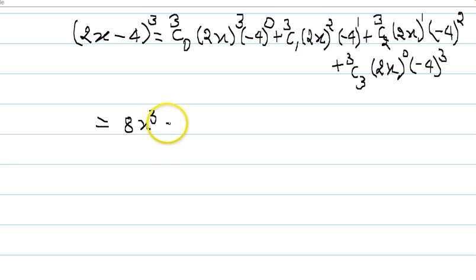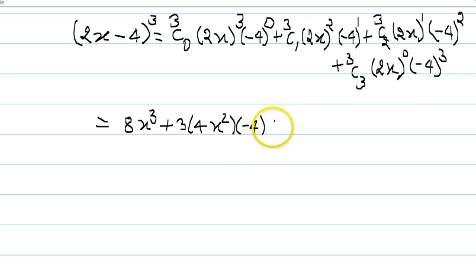Now 3C1, if I use a GDC, will be 3. Times (2x) whole square: the square of 2 will be 4, and the square of x is x square. So 4x square, and then minus 4 raised to the power 1 will be minus 4.